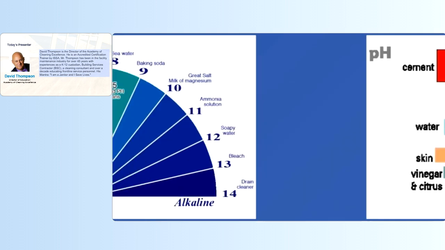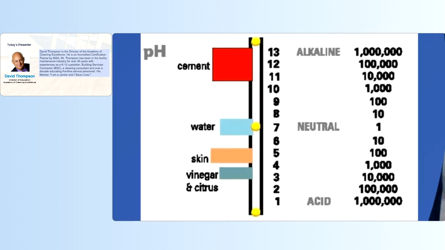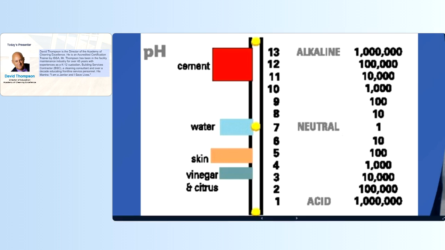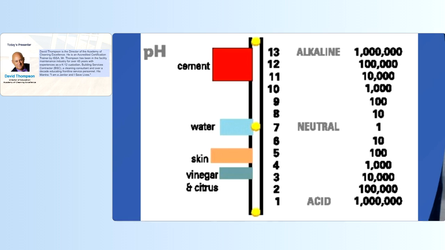Well, as a COPD sufferer, my body suffers from the use of these highly toxic chemicals that I used back in my 20s. And I'm now in my late 60s. So look here at where alkaline products 13 and 14 are 1 million to 10 million times stronger than the pH of your blood. You know, I have to ask you this question, and you can answer for yourself.